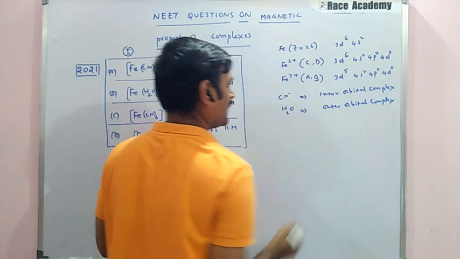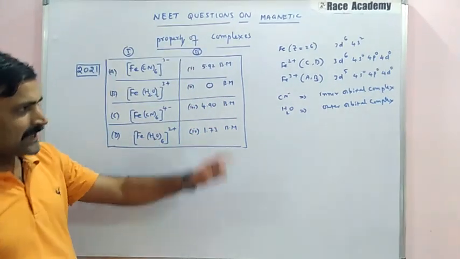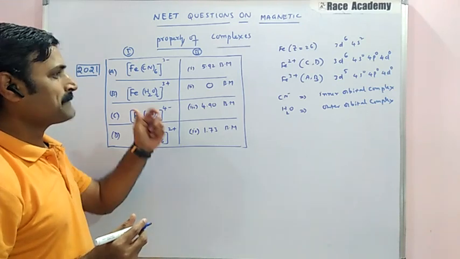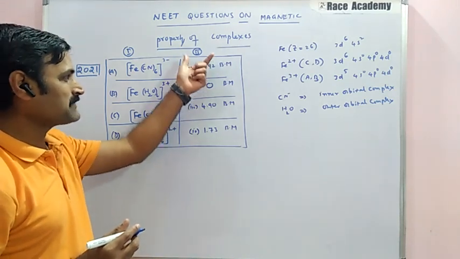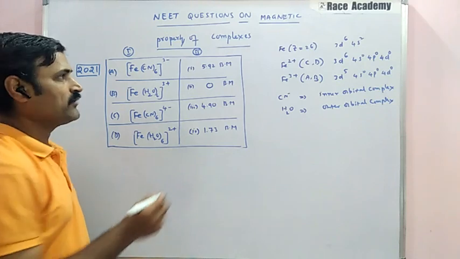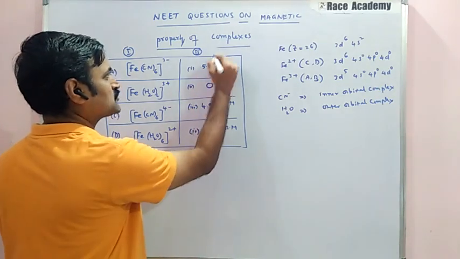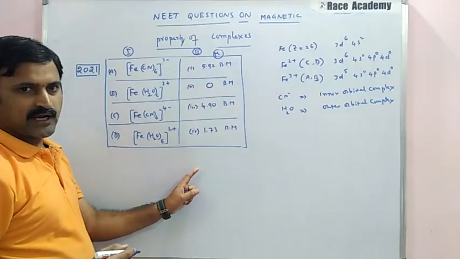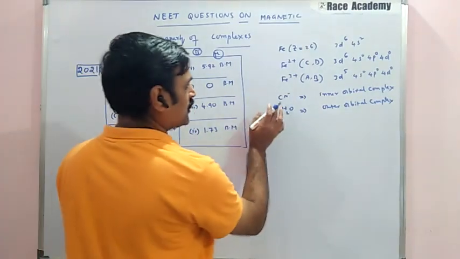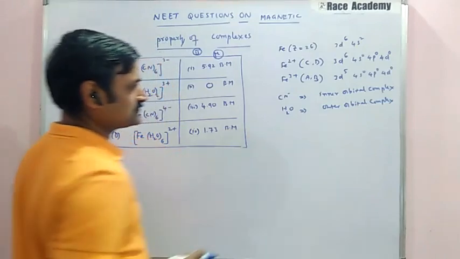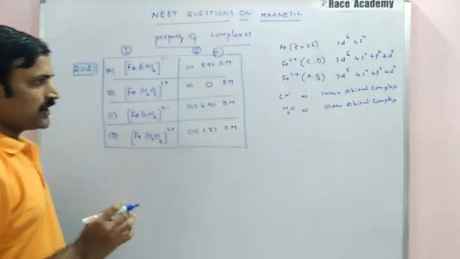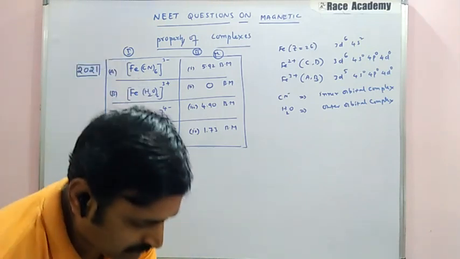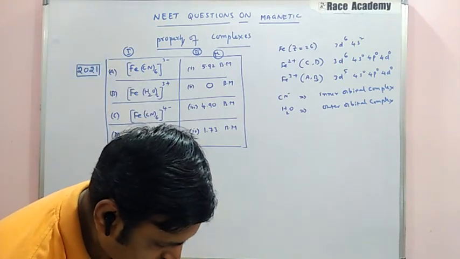Do remember, inner orbital complexes usually don't give the maximum paramagnetism, the maximum mu value. Mu values are the magnetic moment values in Bohr magnetons, given in list 2.